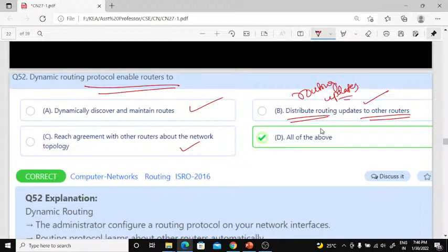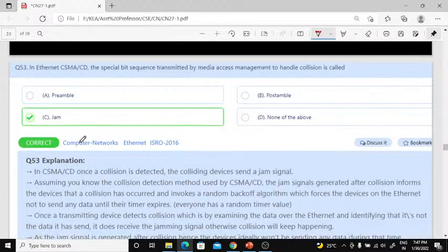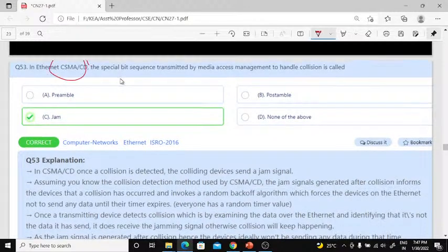So that is all of the above. The answer is all of the above.